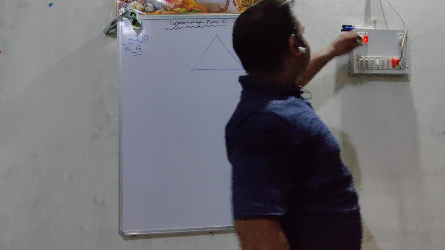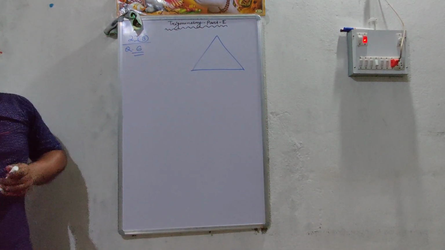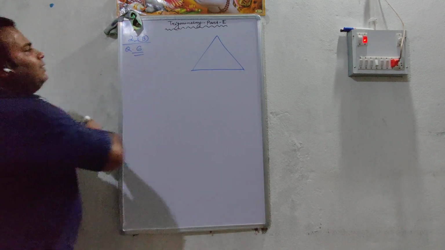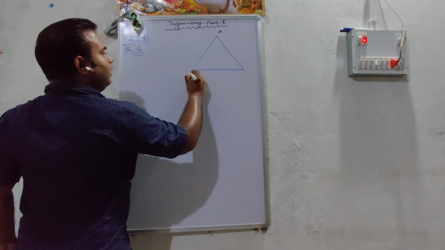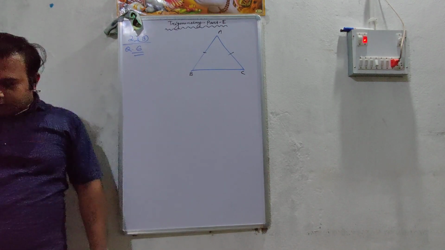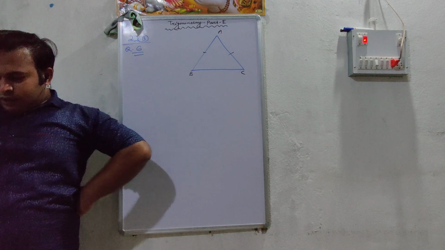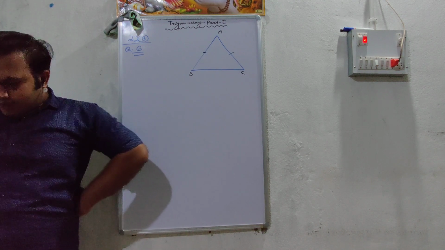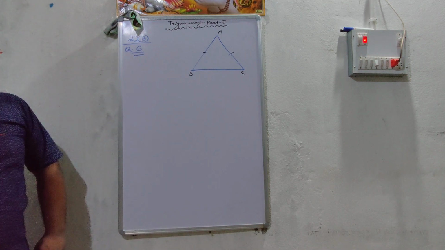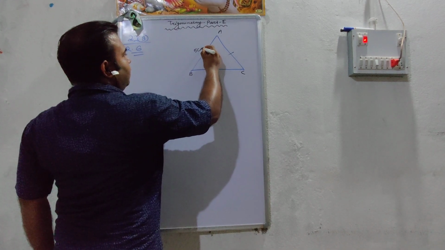In this figure, it is an isosceles triangle ABC, where AB and AC are equal. You have to find the value of sin B, tan C, sin square B plus cos square B, and tan C minus cot B. Also given AC equal to AB, 5 cm, both are 5 cm.